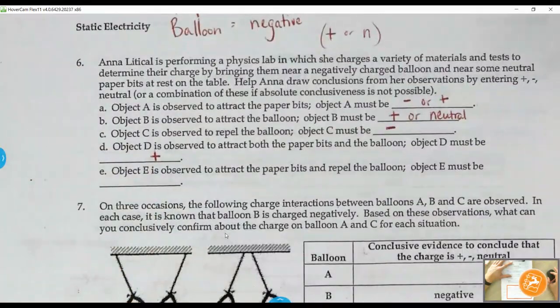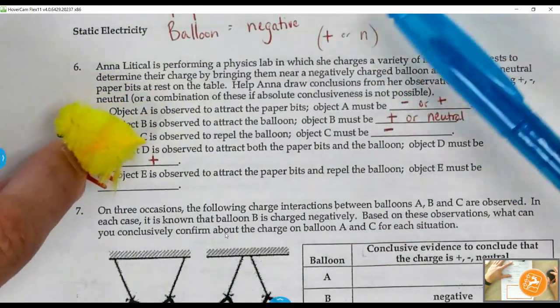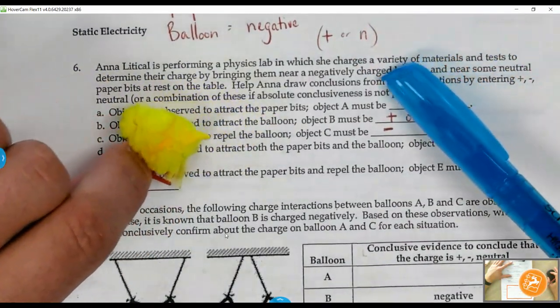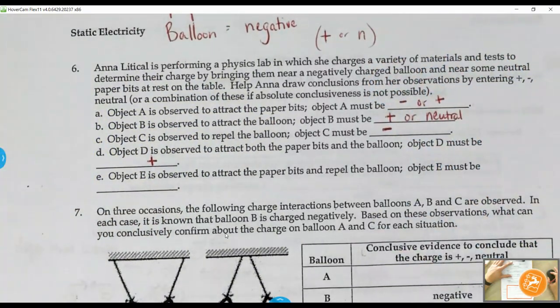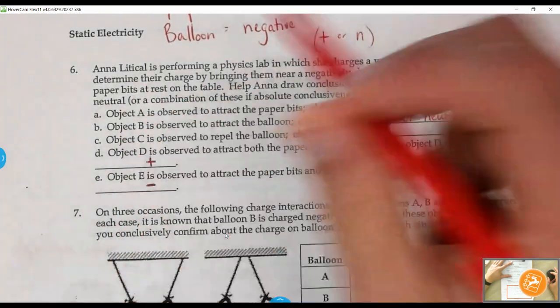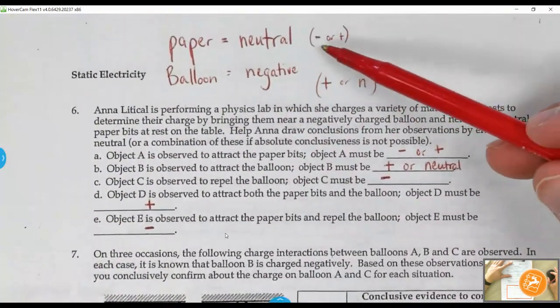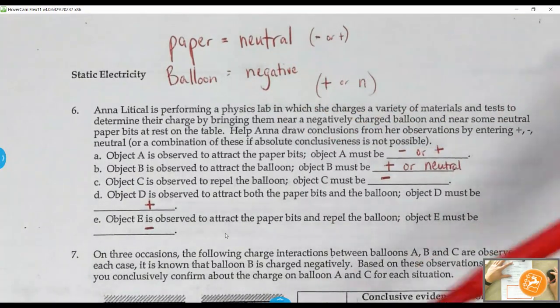And we bring this near the balloon, and it repels it. So what does the charge on object E have to be? Well, it has to be negative. Since it attracted the paper bits, it means it's positive or negative. And then if it repelled the balloon, it has to be negative. It can't be positive. So that is 100% correct.